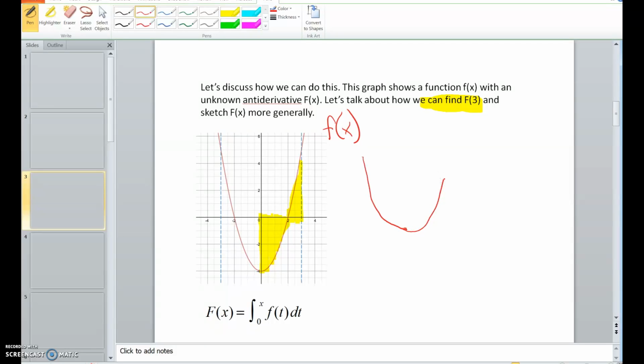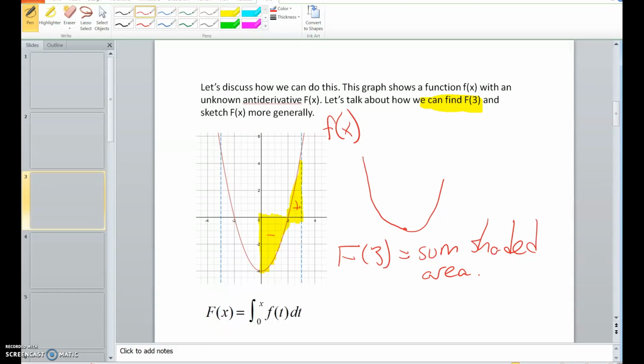So if I knew the amount of the area I just shaded in, I could add the positive area, subtract the negative area, and that would tell me what capital F of 3 is. So capital F of 3 is equal to the sum of the area.